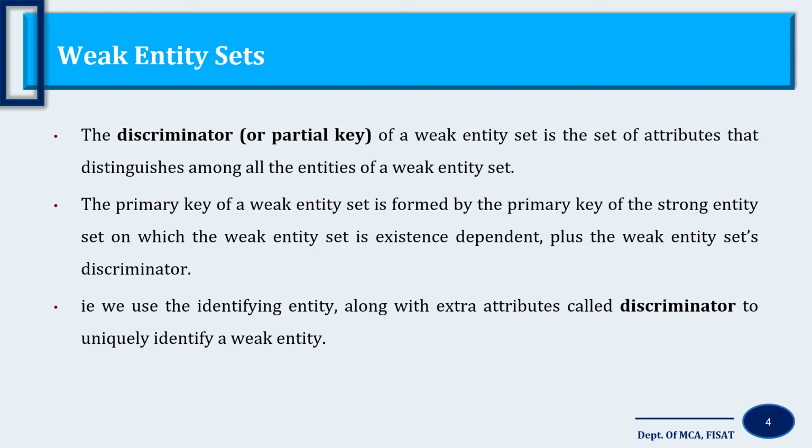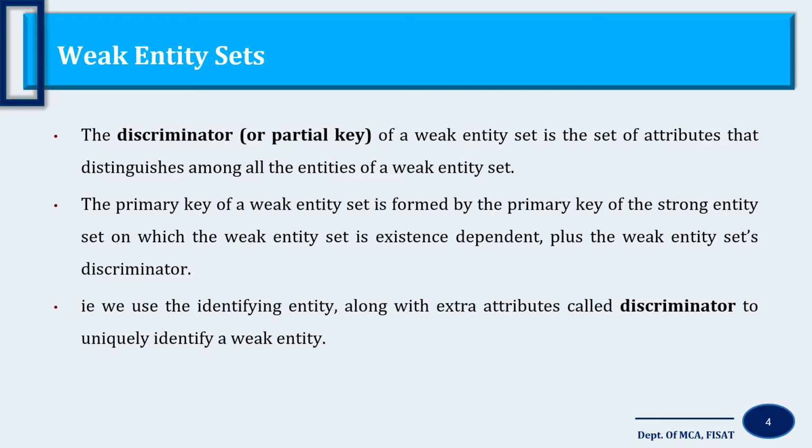So to form the primary key of a weak entity set, we combine the primary key of the strong entity set with the partial key of the weak entity set. So the primary key of the weak entity set is equal to the primary key of the strong entity set plus the weak entity set's discriminator.